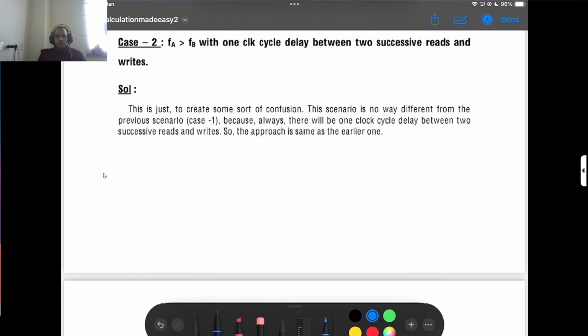This scenario has no difference from the previous scenario, case 1, because there will always be one clock cycle delay between two successive reads and writes. So the approach is the same as earlier.